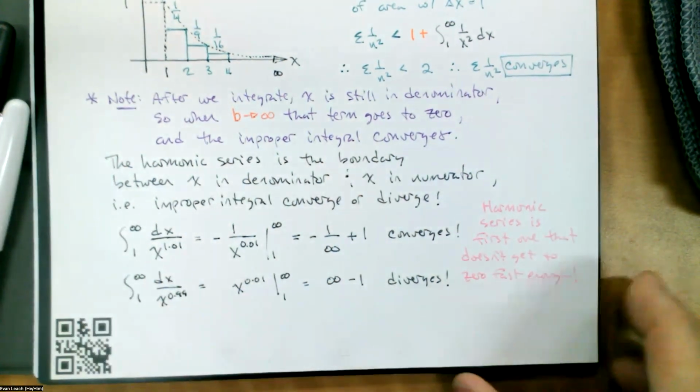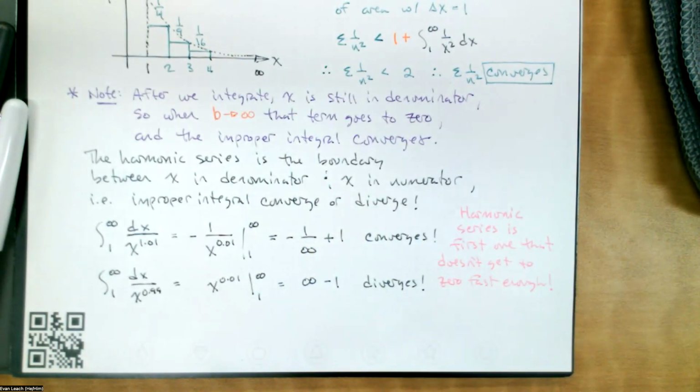So the way I think of it is the harmonic series is like the first one that doesn't get to 0 fast enough. 1 over x to the 1 plus epsilon converges. Improper integral converges. 1 over x to the 1 minus epsilon diverges. Right at the boundary is 1 over x, turns into natural log, that goes to infinity.